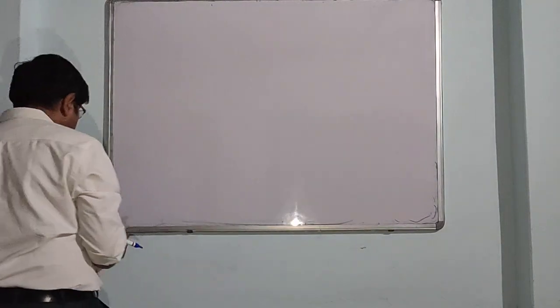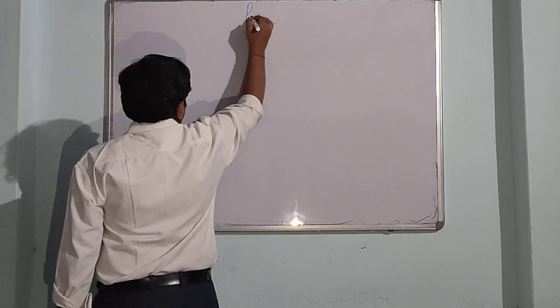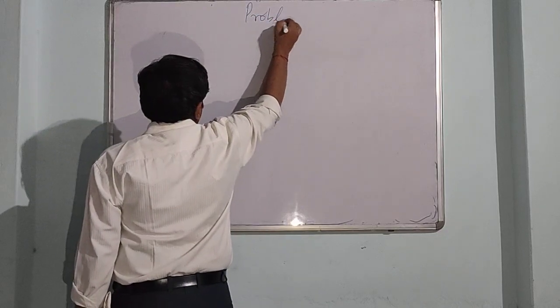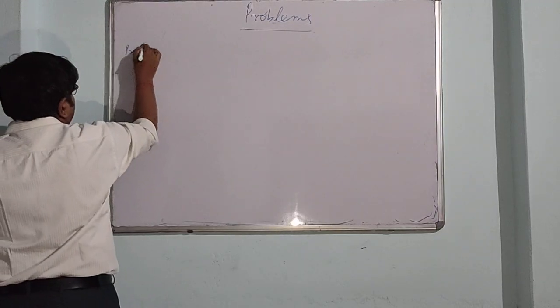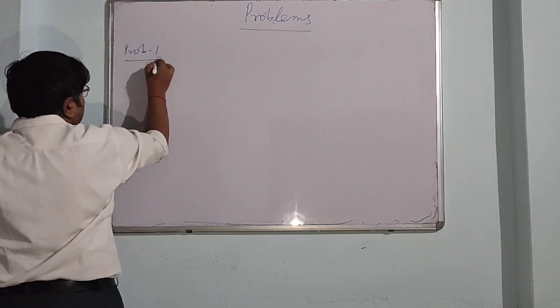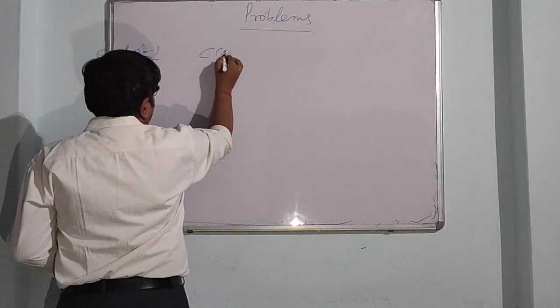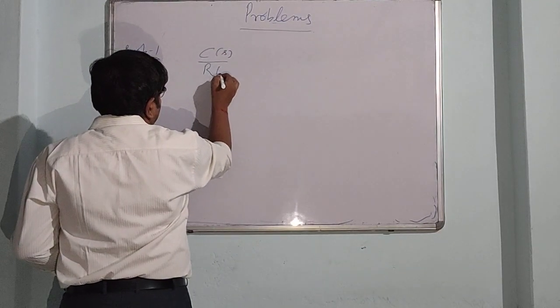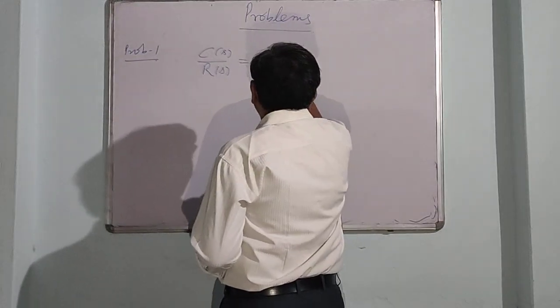So first one, here we are taking problems. Suppose the transfer function, which is the ratio of output to input, is given.